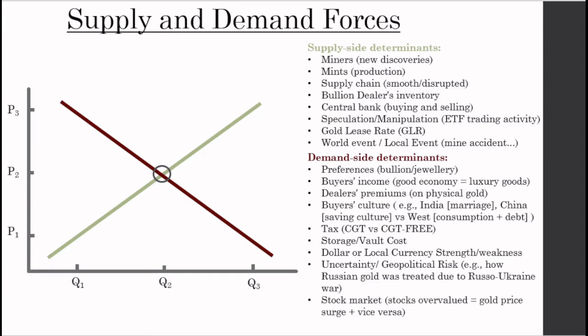But anyways, if the mints start to produce less bullion, less gold products because of some kind of shortage in the market, let's say, then what does that mean?